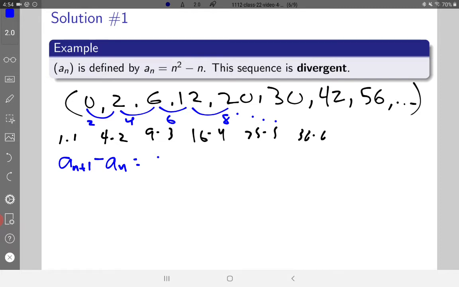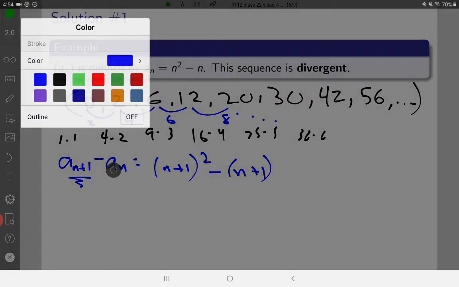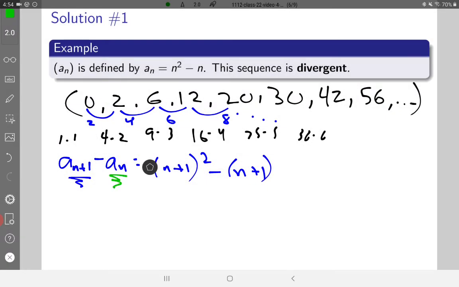What's a_(n+1)? I'm plugging the index n plus 1 into the n's that I see up there. So this says take your index and square it and subtract itself. And then for the term a_n, I have n squared minus n. And this is going to say subtract those.